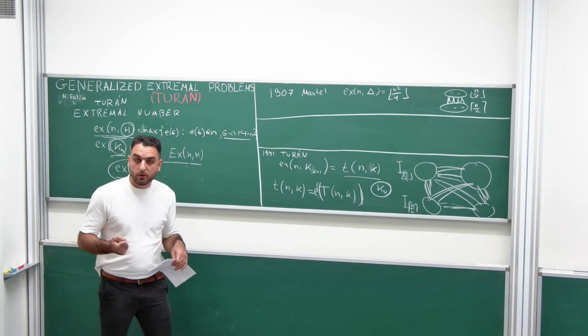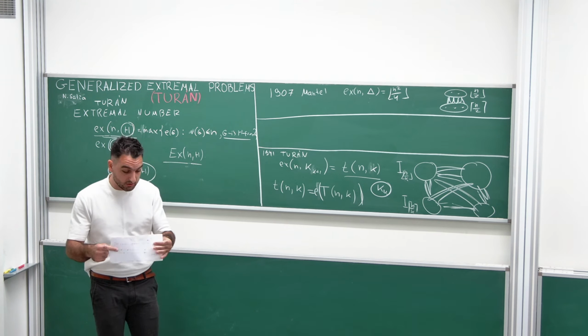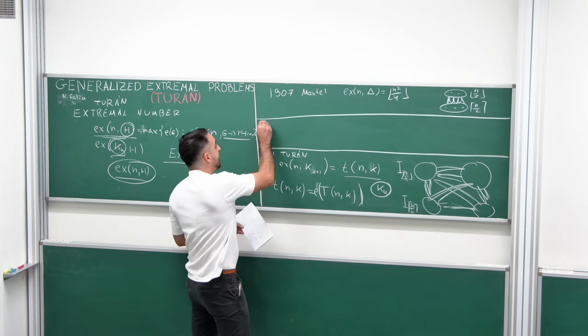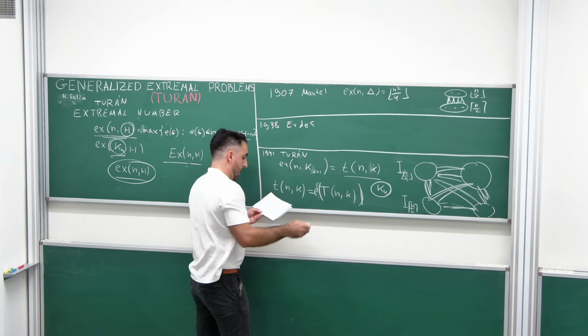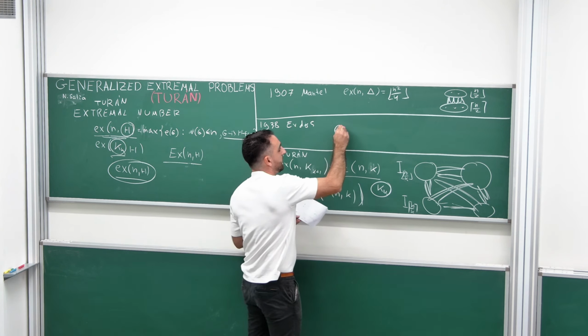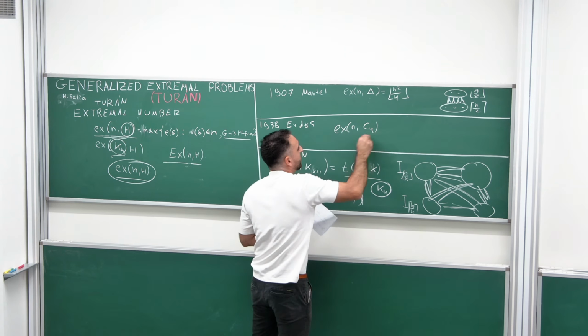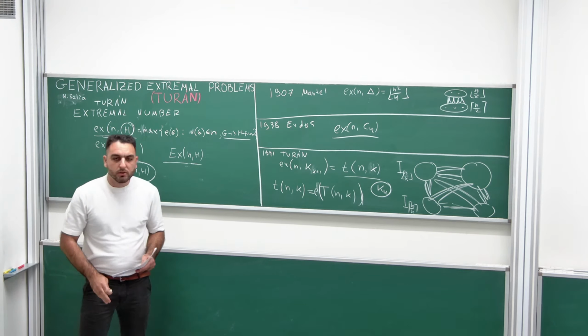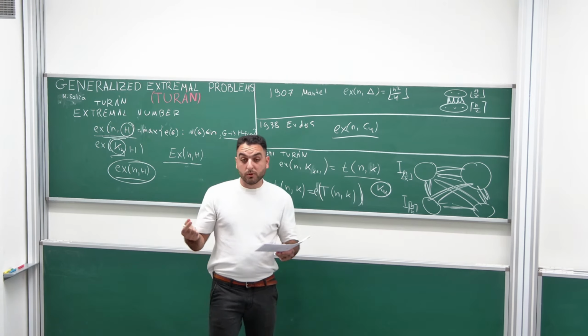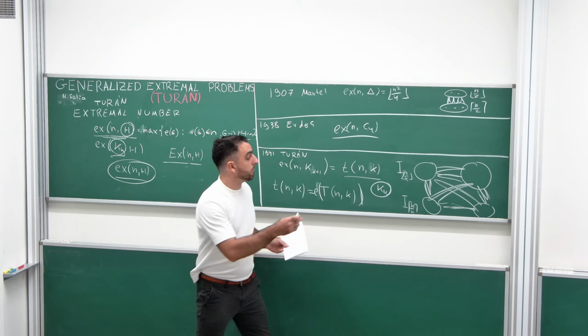He felt sorry. Why did he feel sorry? Because he remembered that in 1938 he had determined ex(n, C4). Not exactly, but he had some lower and upper bounds.